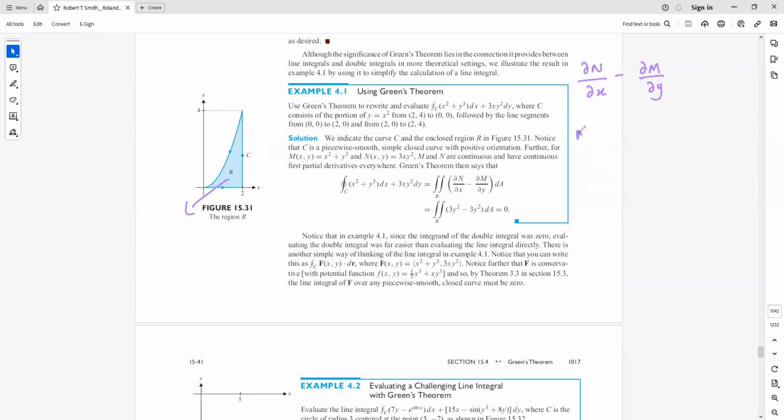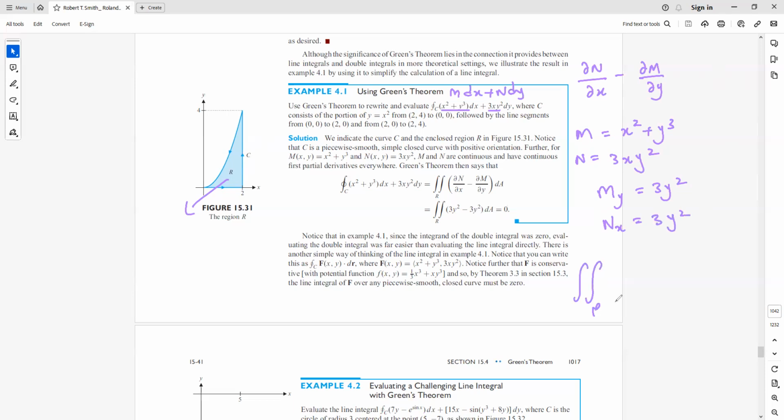So M equals x squared plus y cubed. This is M and this is N, so this is the form of M dx plus N dy, and N equals 3xy squared.